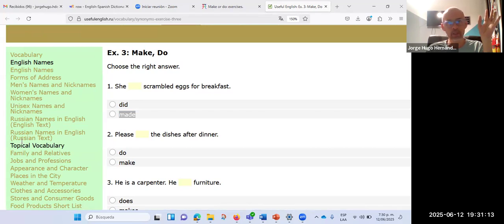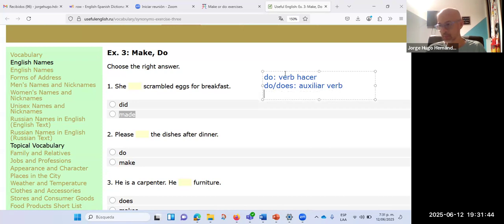Okay, and now I have to explain something. You have to know that do is the verb hacer, okay? But do is also the auxiliary verb.